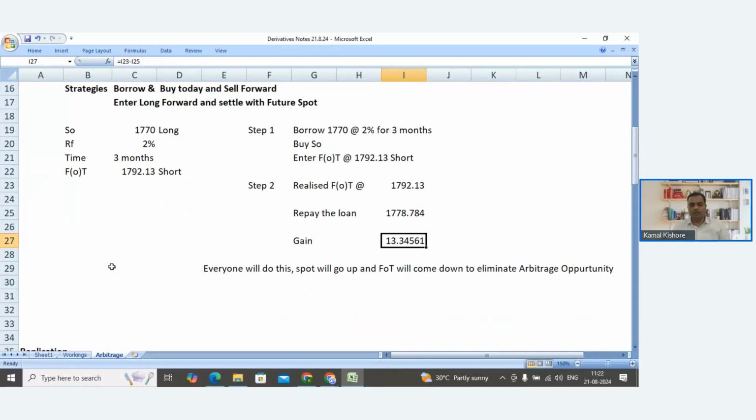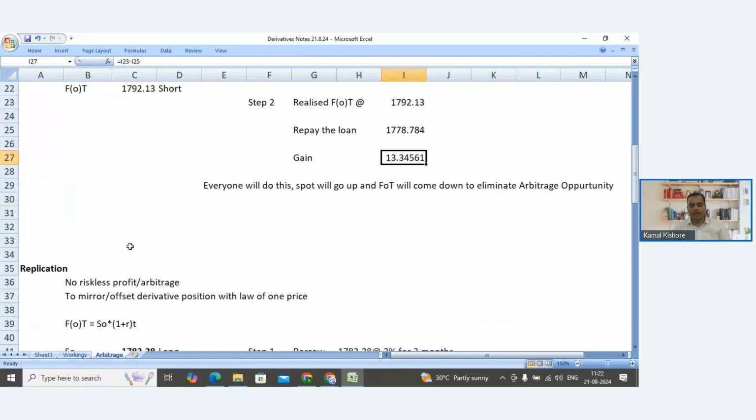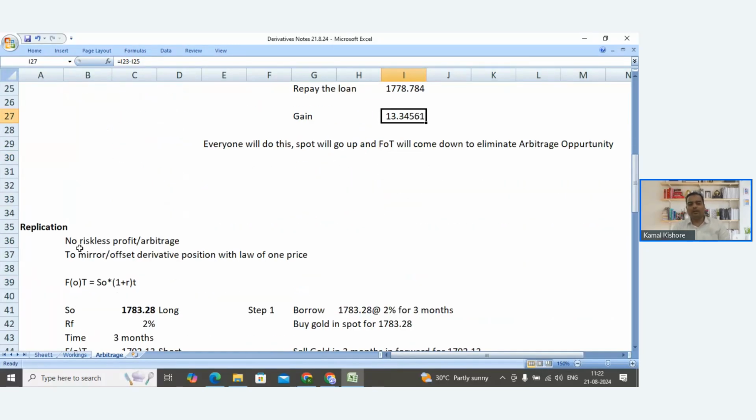Arbitrage. So now, how do I take it riskless? How do I mirror this? It's replication. So now what happens?